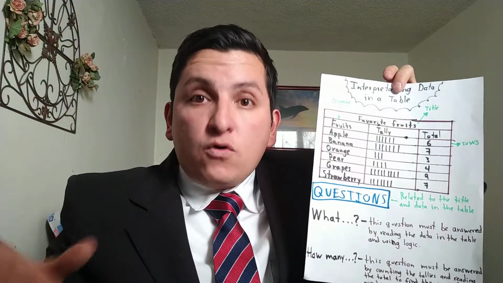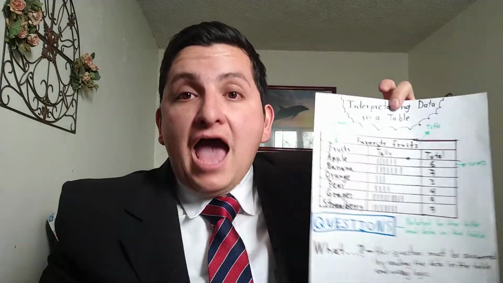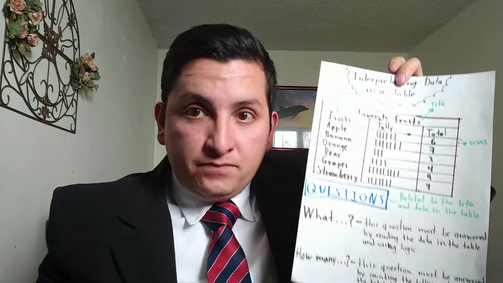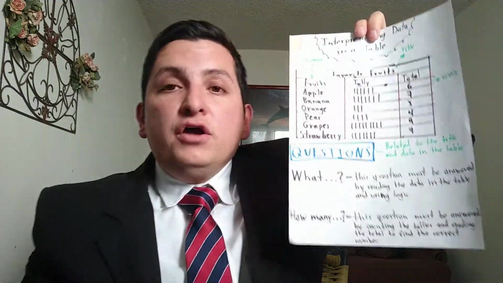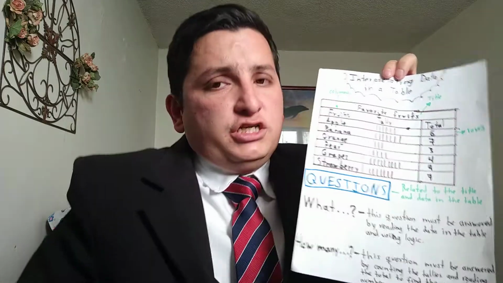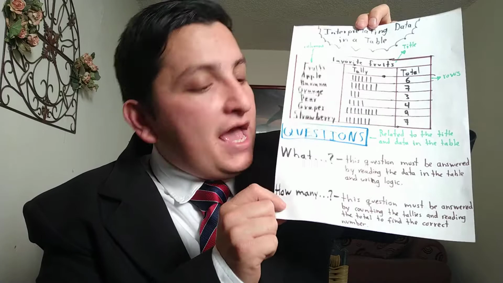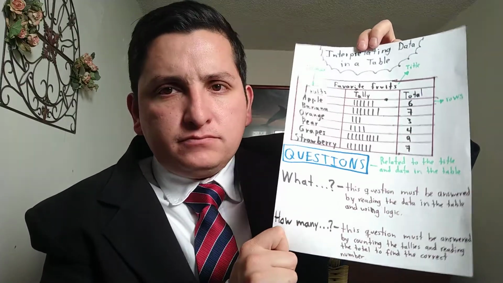We need to have questions about the information that we are collecting and interpreting. Yes? So, usually for this kind of table, I have two questions. First, I have what, and also I have how many.